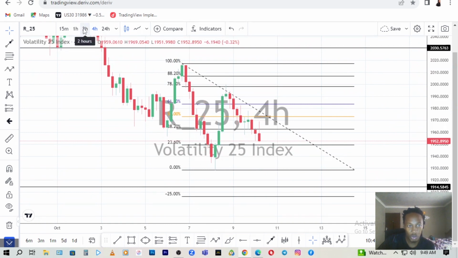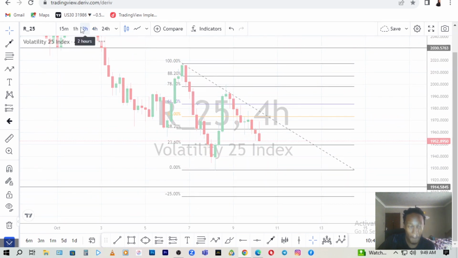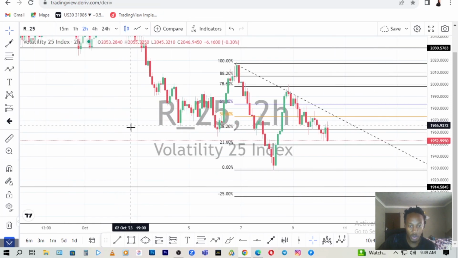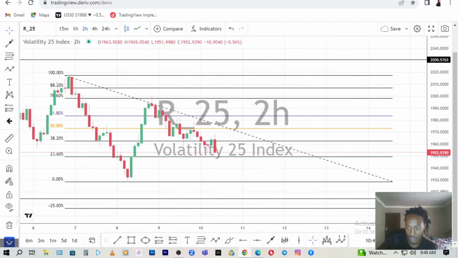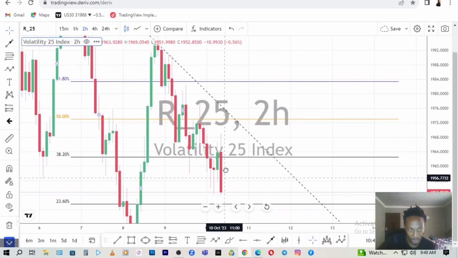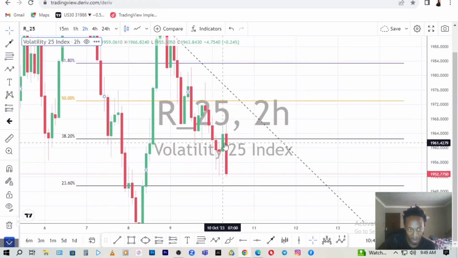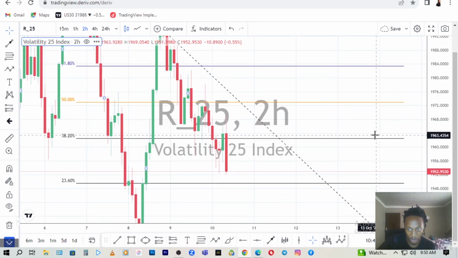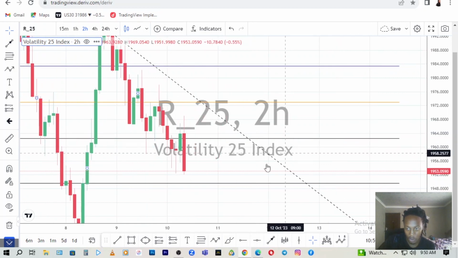So let's go to the 2-hour time frame. On the 2-hour, a simple entry on our 38% level, and also it's almost on our round number.